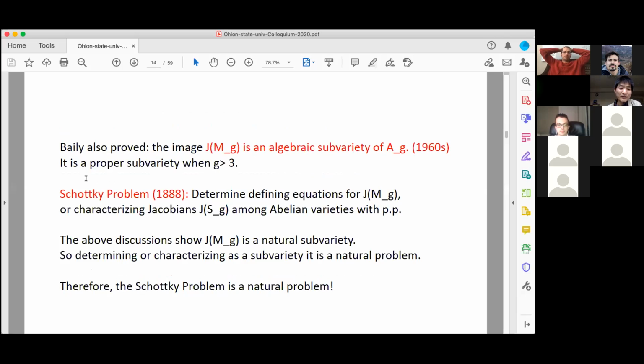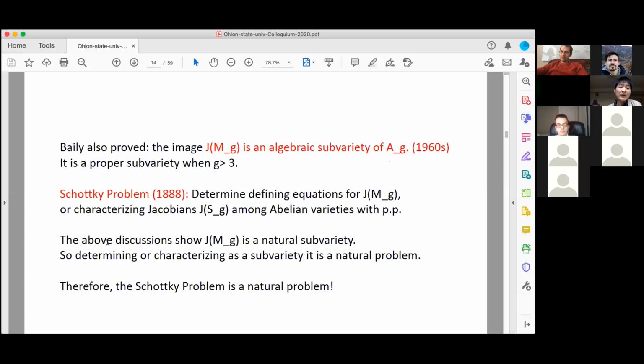Here's the Schottky problem from 1888. Determine the defining equations for this subvariety, or characterize the Jacobians among all abelian varieties with principal polarization. You say A_g consists of abelian varieties, and J(M_g) consists of the Jacobians. So what's special about these Jacobians?